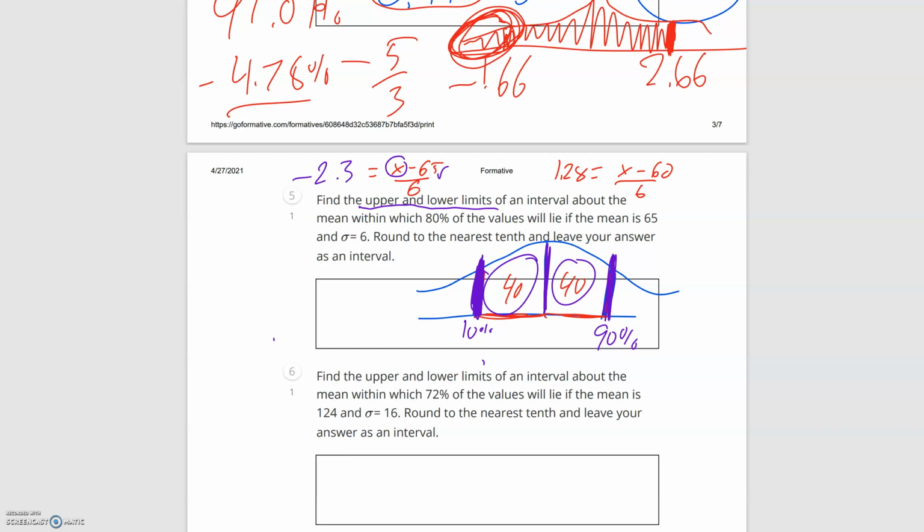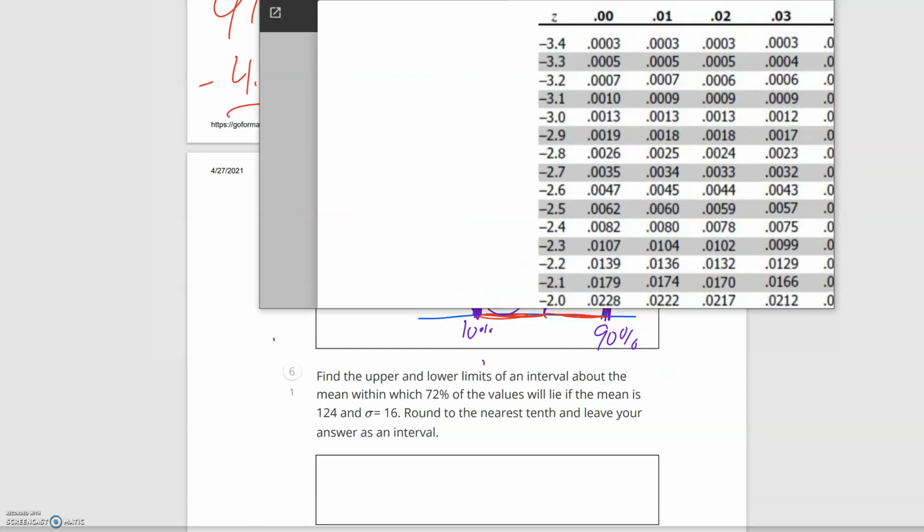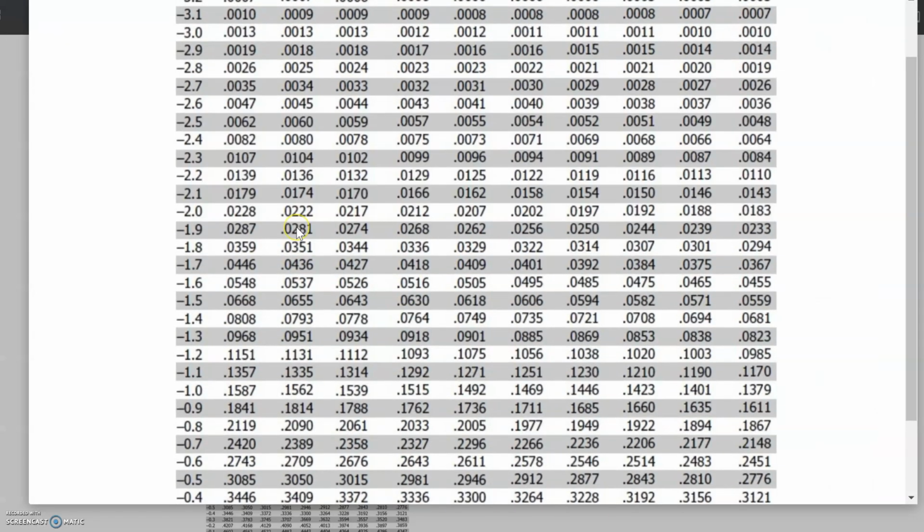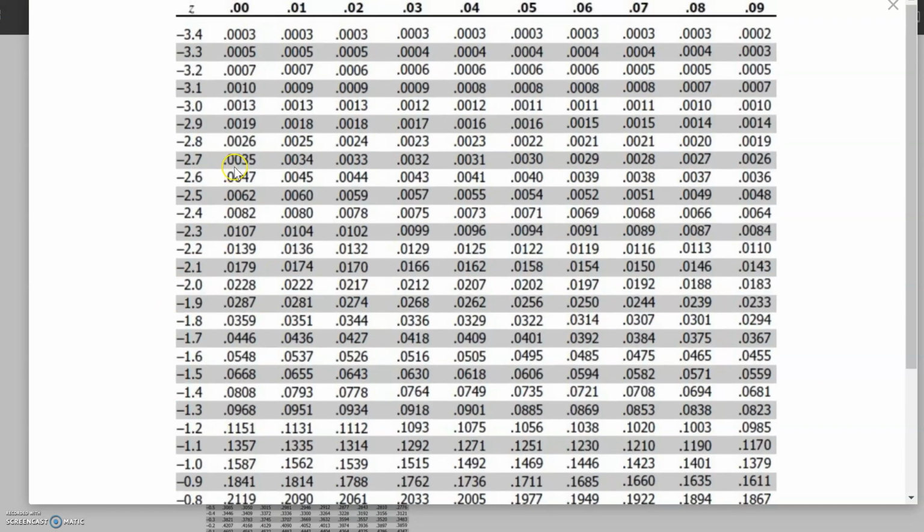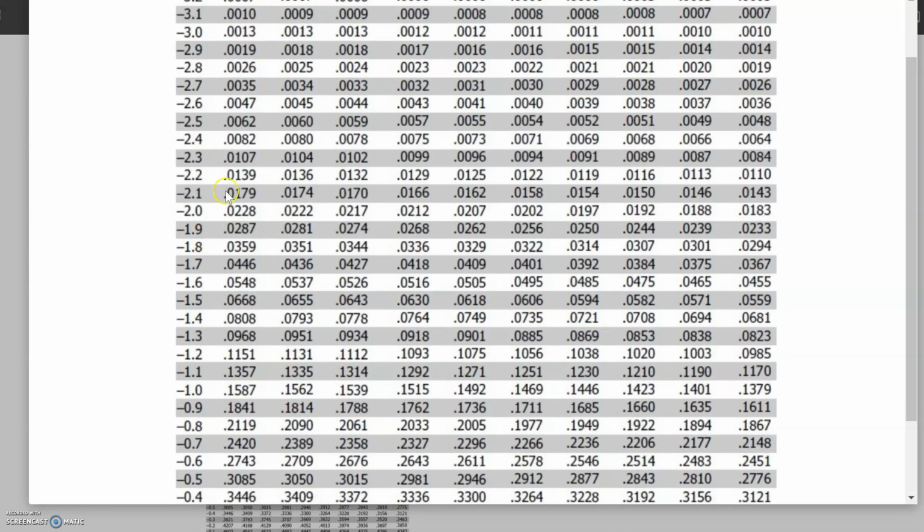So let me go to the negative z-score table. I'm looking for 10%, which would be 0.1. And be careful, it's very tempting to say negative 2.3 would be 0.1, but that's definitely not the case. Looking there, we're getting really close.